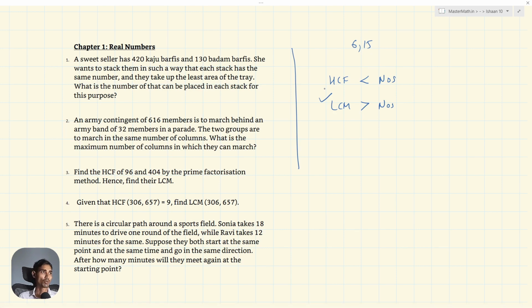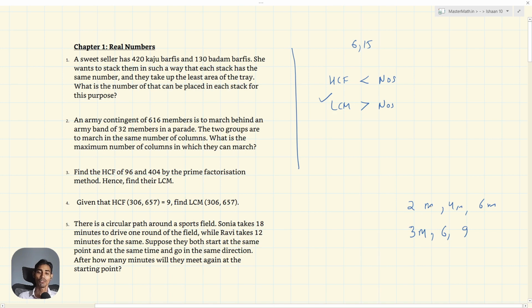Suppose one person is walking in steps of 2 meter, 4 meter, 6 meter, like that, and another person is walking in steps of 3 meter, 3, 6, 9.